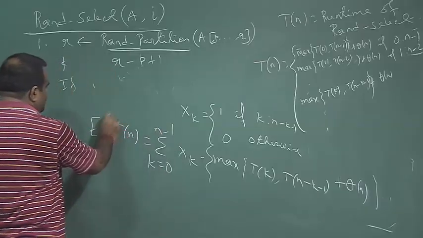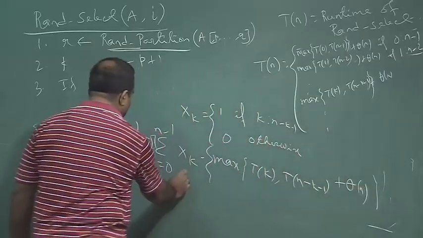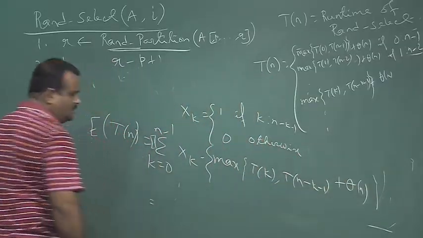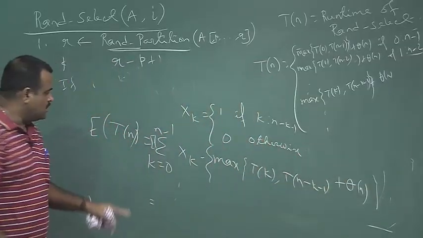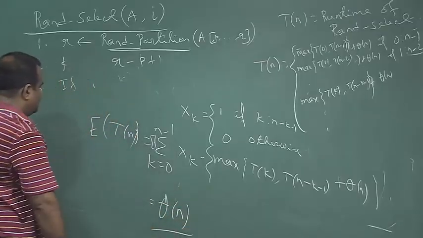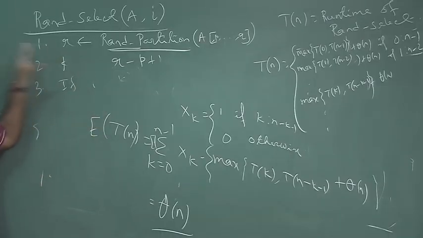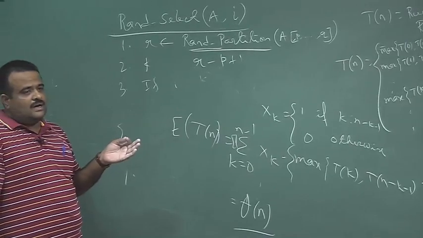Now, if you take the expectation of the whole thing, this can be shown by some probability calculation, which is out of scope for this course, to be theta of n.